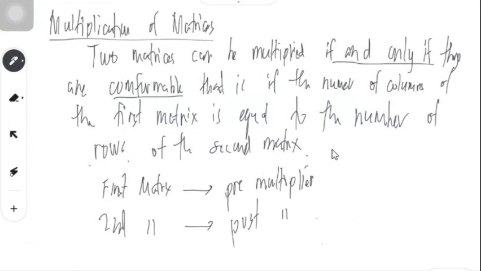Okay. I repeat. If the number of columns of the first matrix is equal to the number of rows of the second matrix. So in symbol, we have the number of columns of the first matrix, that is the pre-multiplier, is equal to the number of rows of the post-multiplier, the second matrix. Then the result, we have A dot B. That is the product, ano?